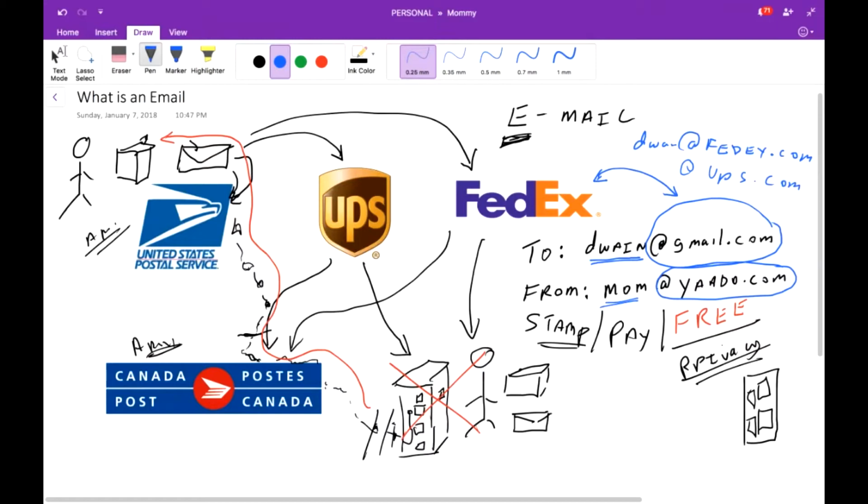The difference is these guys are not in the business of sending digital mail. They're in the business of sending physical mail. And that's the name of their company. When you get a parcel, you normally see that FedEx stamp on it, or that UPS stamp on the box.